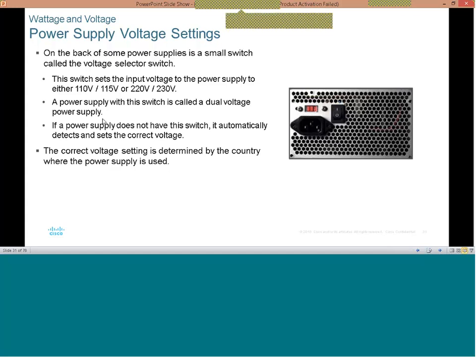So we are actually talking about power here. A power supply that does not have this switch will automatically detect and set the current voltage. So if you have the type that does not have the switch to regulate between 110 or 220 volts, it means the system on its own can regulate it.